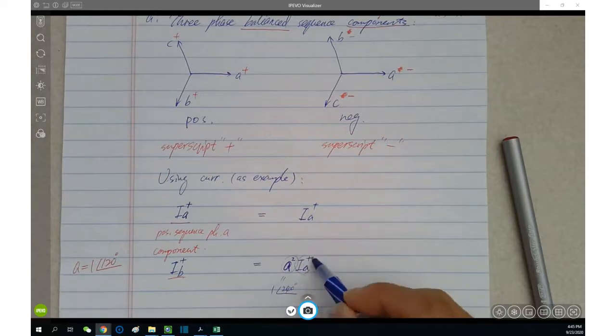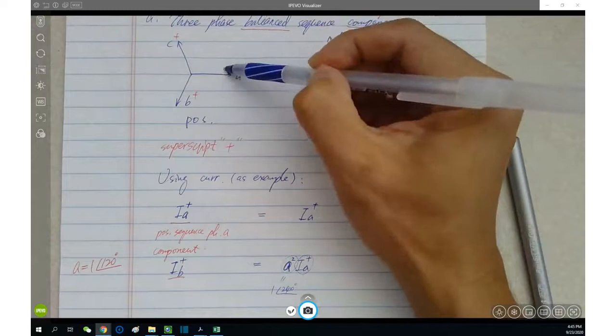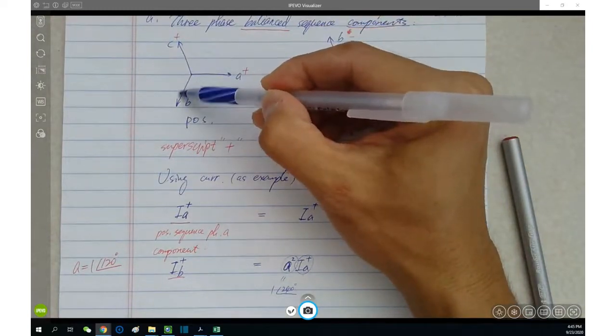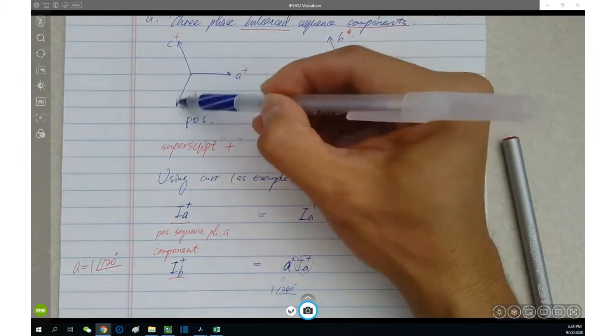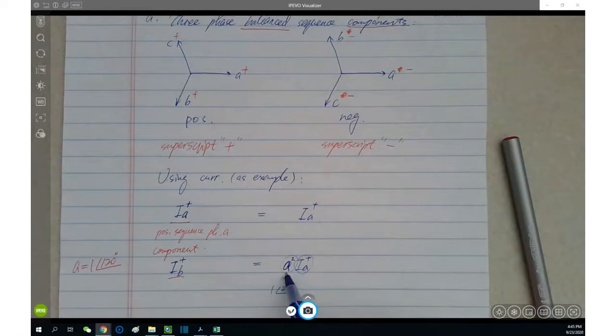Rotate IA plus counterclockwise by 240 degrees without changing the magnitude, the length. Look at here. Inside of the positive sequence, A rotates by 120 and another 120, which is 240. You reach IB plus, right? So IB plus just equals nothing but A squared times IA plus.